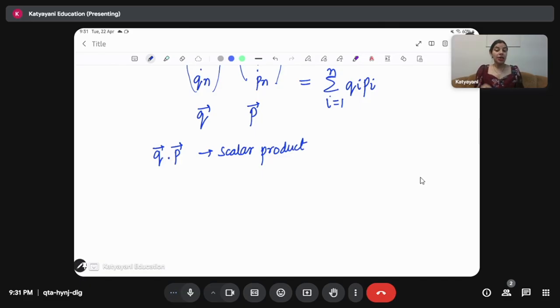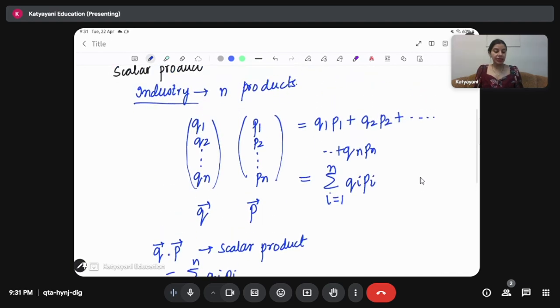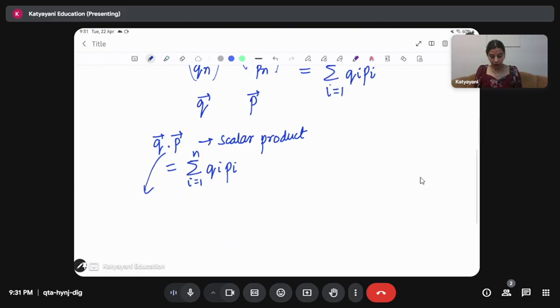That is, we are multiplying Q1 with P1, Q2 with P2, and so on, and then Qn with Pn. And then we are adding all those corresponding products to get our scalar product. So the scalar product Q dot P is equal to the summation of Qi Pi, where i varies from 1 to n, or you could say it is equal to Q1 P1 plus Q2 P2 and so on till Qn Pn. It is also called the dot product.